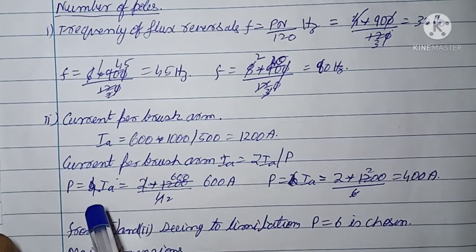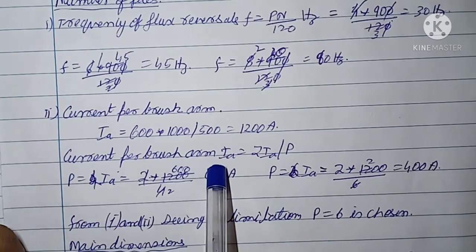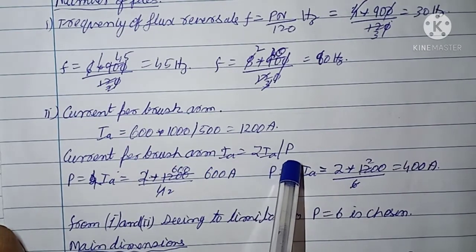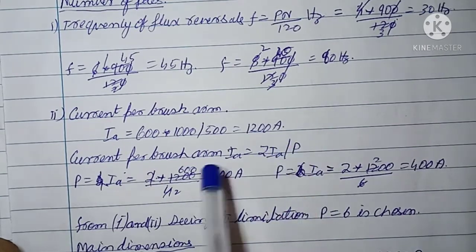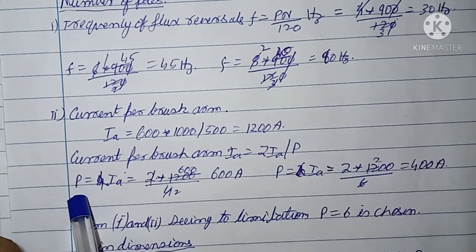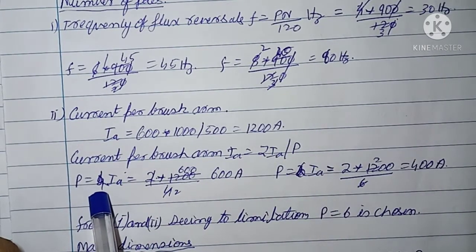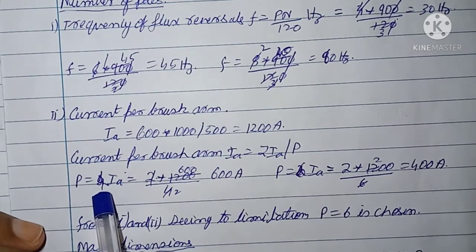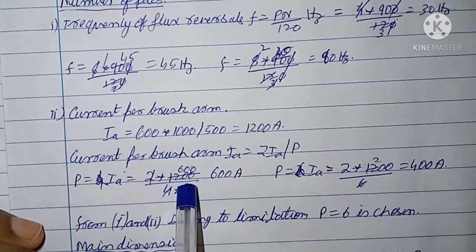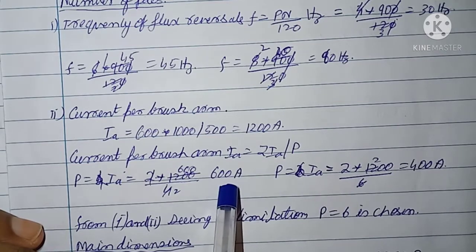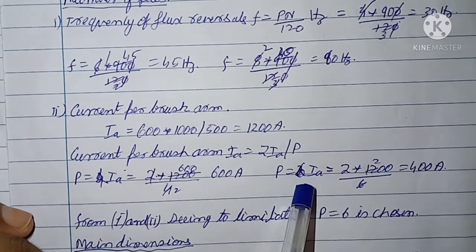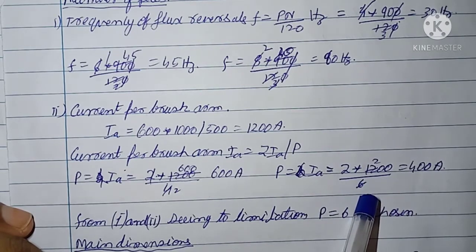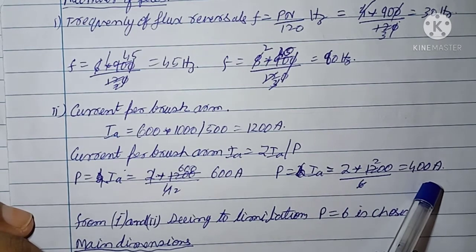The current per brush is IA by 2A by P, where 2A is 2. For P equal to 4, 2 into 1200 divided by 4 gives 600 ampere, and for P equal to 6, 2 into 1200 divided by 6 is 400.